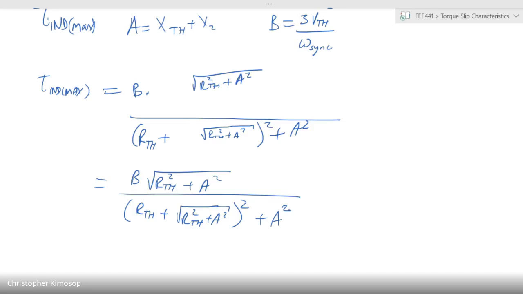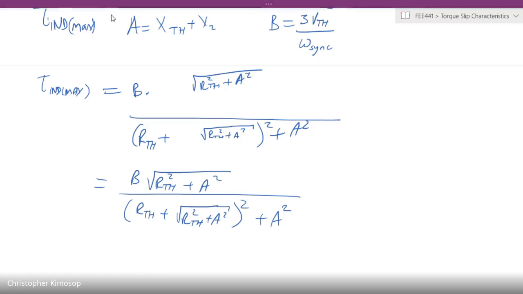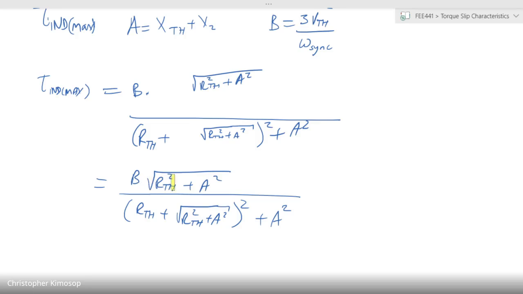Now, we want to get rid of the square roots. So what we do is we multiply both the top and bottom by this element. Okay.